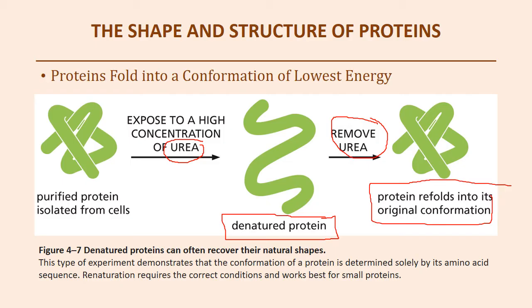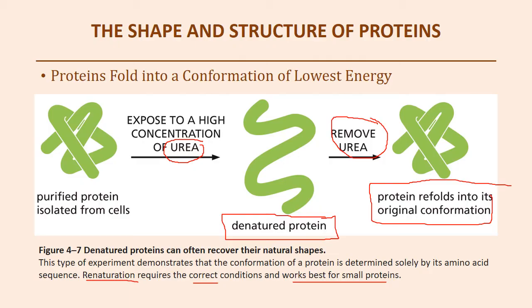And as it's refolding itself, we like to say it has renatured itself. So right over here, renaturation requires the correct condition, and it works best for small proteins. Not all proteins will be able to renature. Many of them, once they're denatured, will lose their function and will not be able to acquire their natural shape.